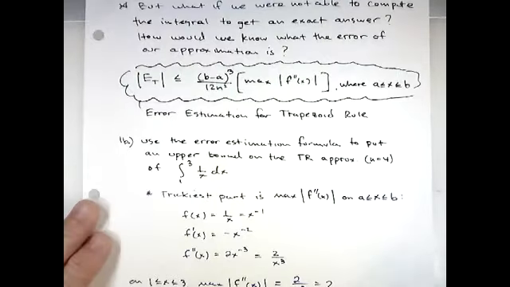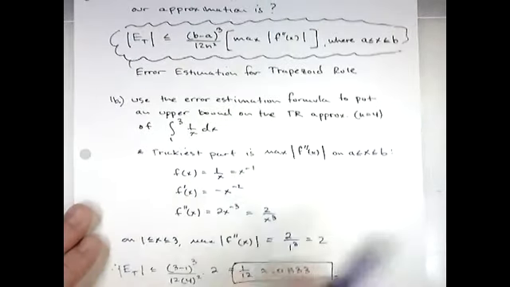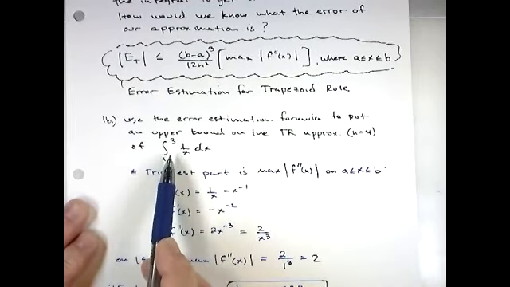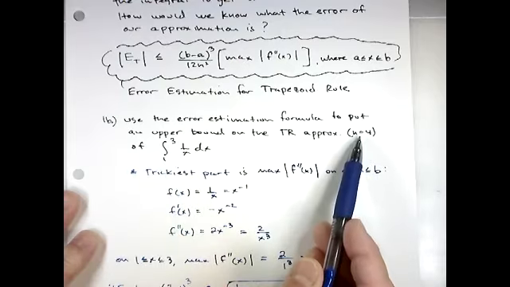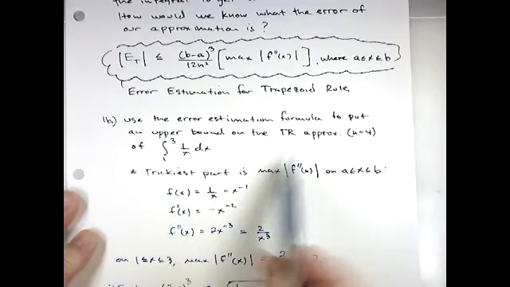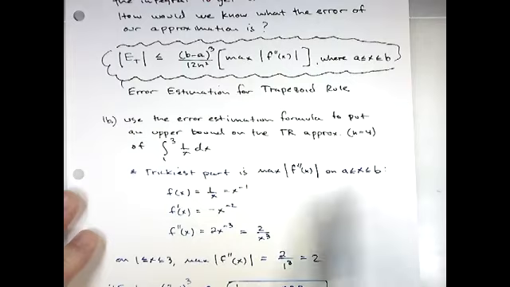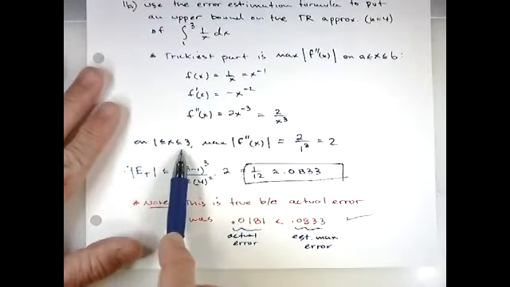So let's see how that works here. If I was using this error estimation formula to put an upper bound on the error in approximating this integral with 4 trapezoids, the trickiest part of this formula is finding the maximum value of your second derivative on the interval from a to b. So you start with 1 over x, take 2 derivatives, and then remember your a and b were 1 and 3.